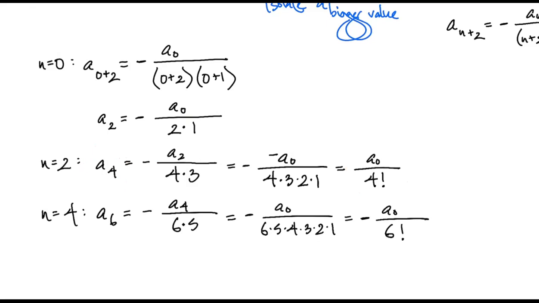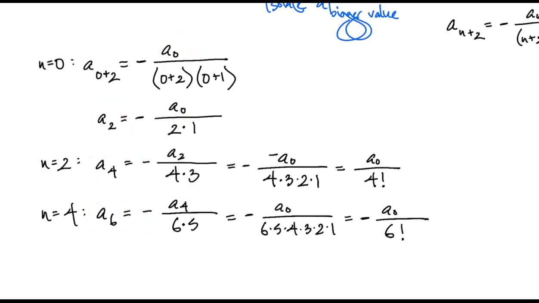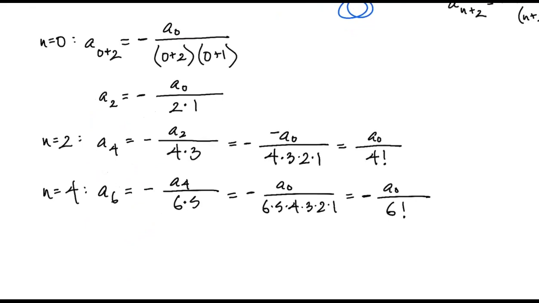Now, if I know a sub 0, I can find a sub 2, a sub 4, a sub 6. If I kept going, I could find a sub 8, a sub 10. I could find any even value of that subscript. Let me ask you, based off of this pattern you see here, what do you think a sub 8 is going to be?